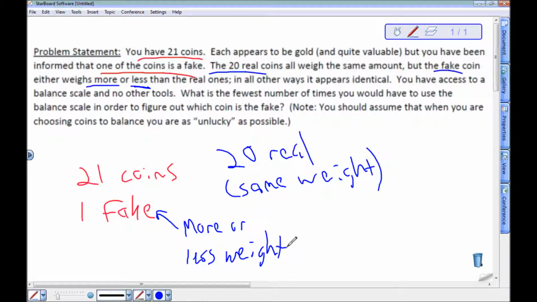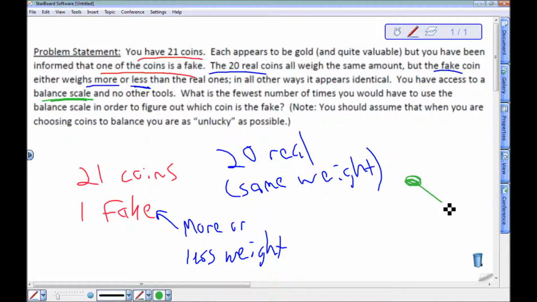In all other ways they appear to be identical. You have access to a balance scale and no other tools. Balance scale, that's what I wanted to underline. So a balance scale, Google it quick if you don't know or remember.